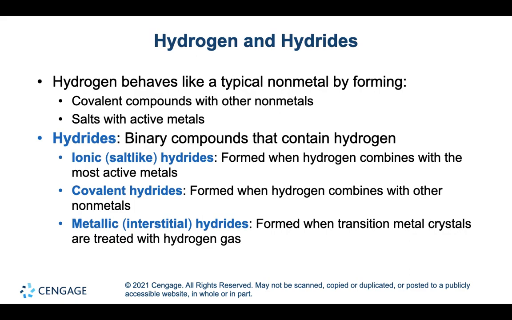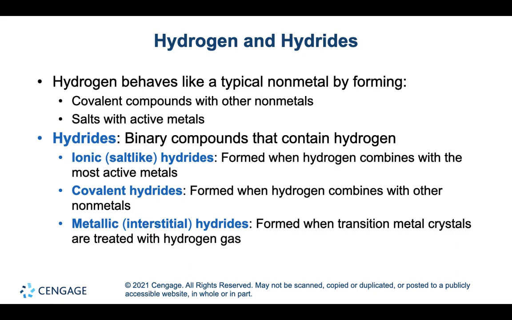So hydrogen's usually classed with the nonmetals because it tends to be covalent when it bonds with other nonmetals. It will form salts with active metals also, so it can be covalently bonded or it can be a -1 ion like we saw earlier with lithium. That's really the typical way we see hydrogen, either as a covalently bonded nonmetal or as a -1 nonmetal ion with active metals.